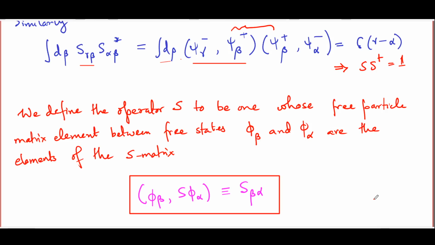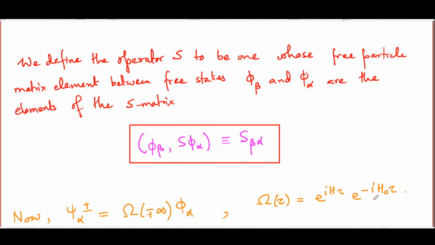Note that this is the definition of the S operator. S beta alpha has already been defined to be psi beta minus's inner product with psi alpha plus. Using that and the relationship between the in and out states with the free particle states, we can make several interesting observations about the S operator. And that's what we are going to do next.